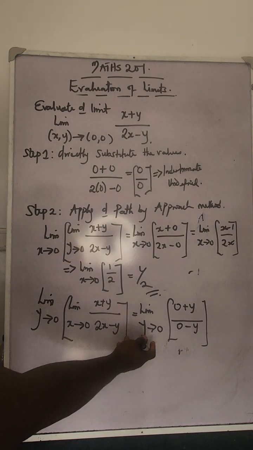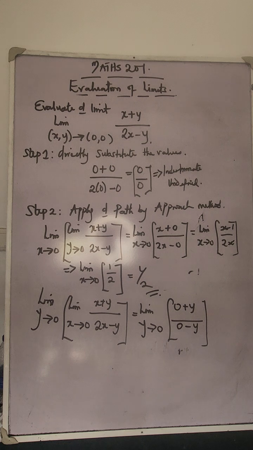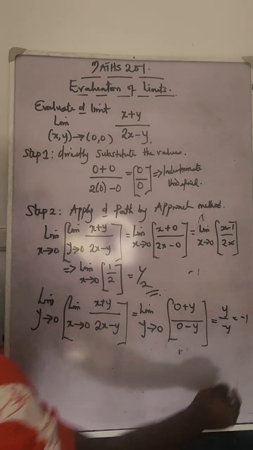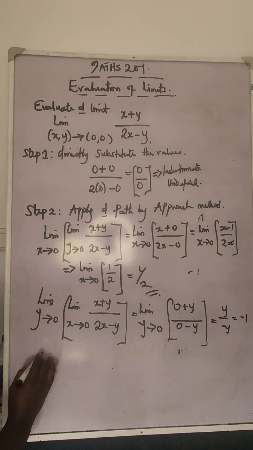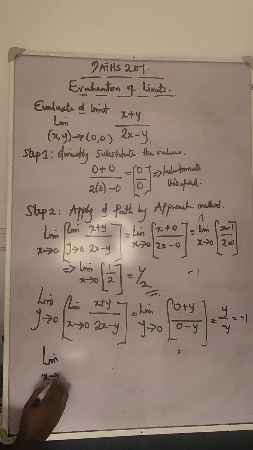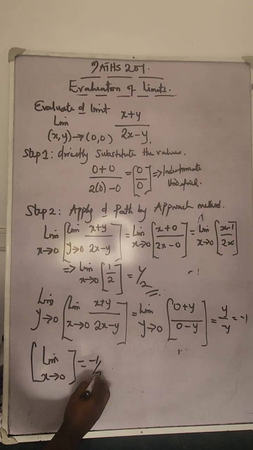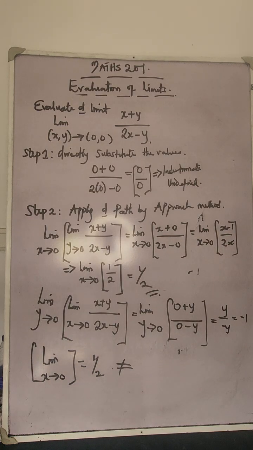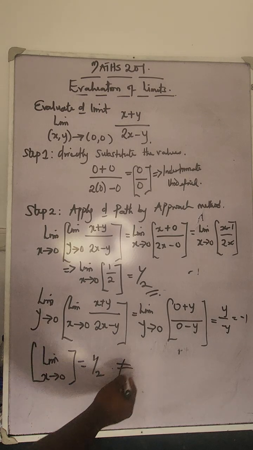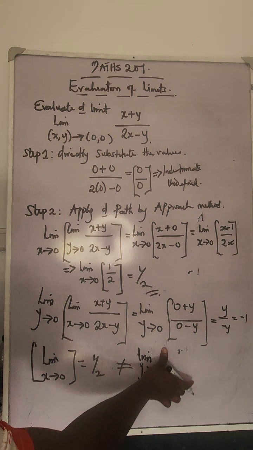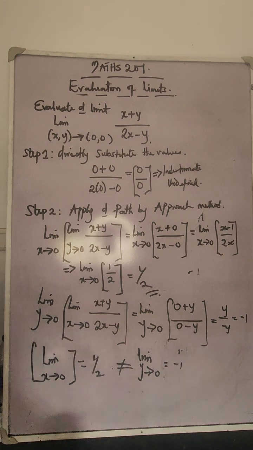So we have the limit as y approaches 0 of the function. You're gonna have minus 1, because this is y over minus y, which is minus 1. And so the limit as x approaches 0, which is equal to 1 over 2, is not the same thing as the limit as y approaches 0, which is equal to minus 1.